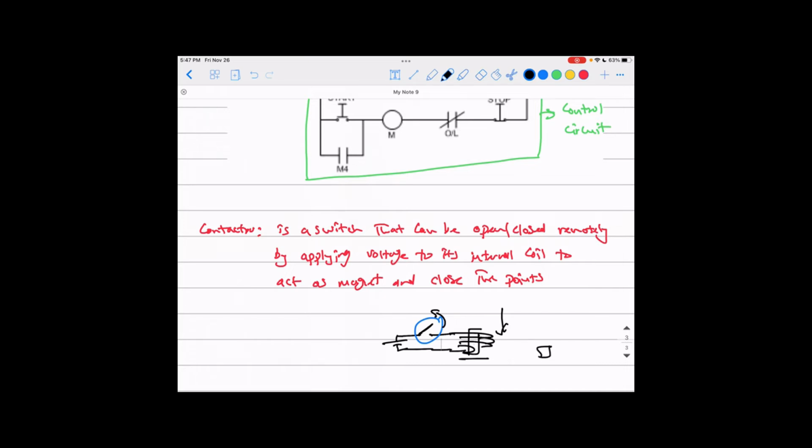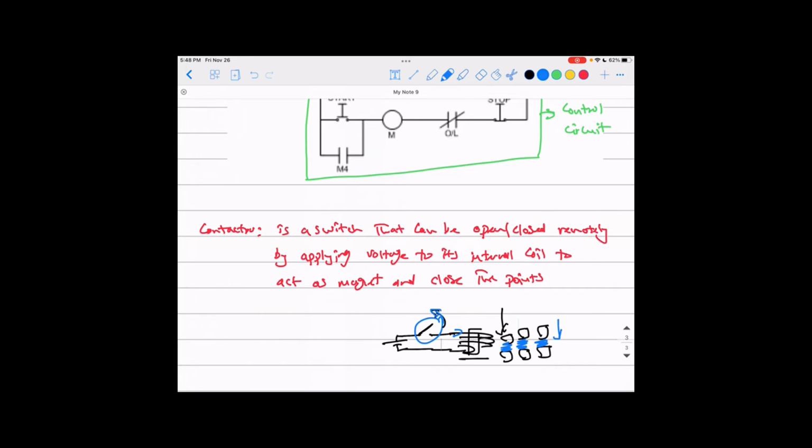So you have just 3 points like this, up and down inside it, okay guys, and they're not connected together electrically, but just mounted on the same thing. Once you have electricity to this coil, it acts like a magnet here, which will push down those points, so those will be connected here like this, and you have current going inside, okay?